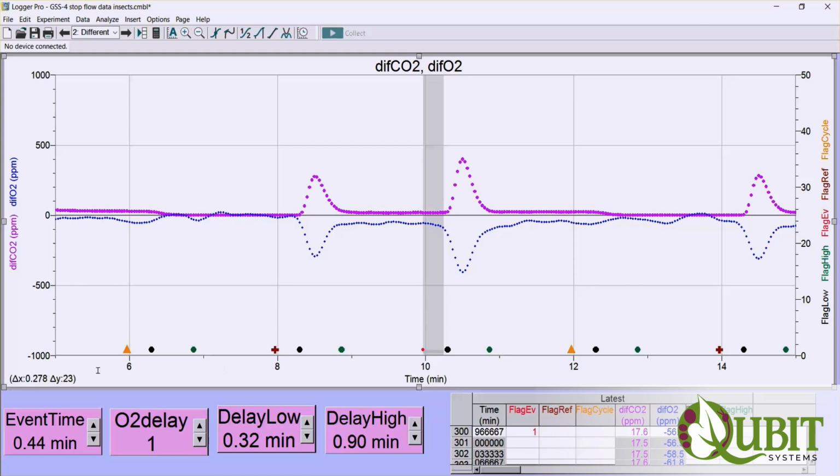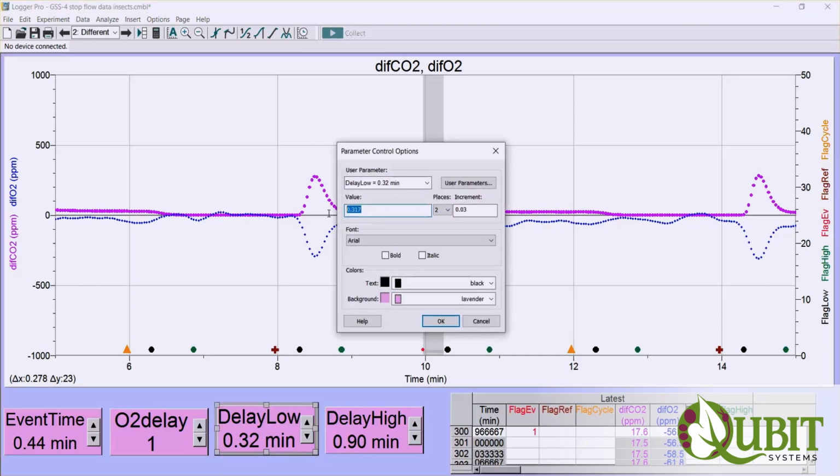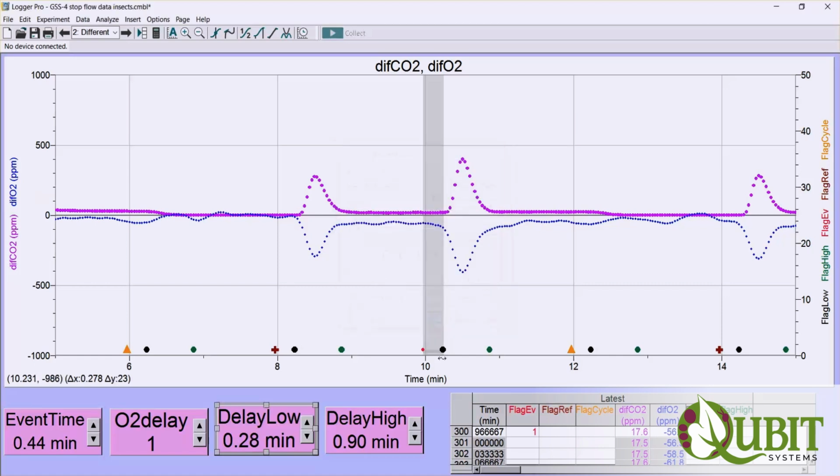Again, you go down here to look at your delta X, and it's 0.278. So you double click on that parameter, enter 0.278, and you'll notice the black dot, which is the flag for delay low, moves into position where we've selected the delay low time period to end.